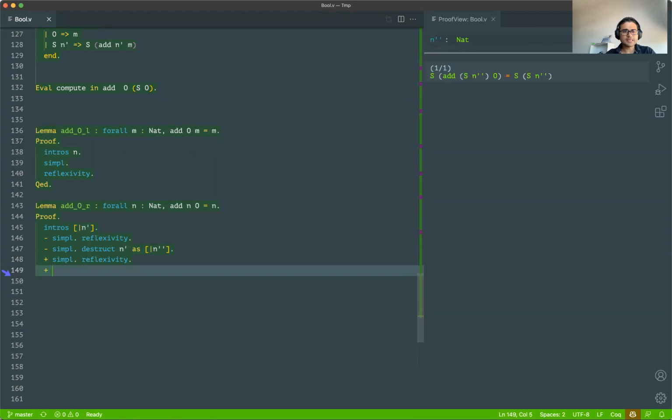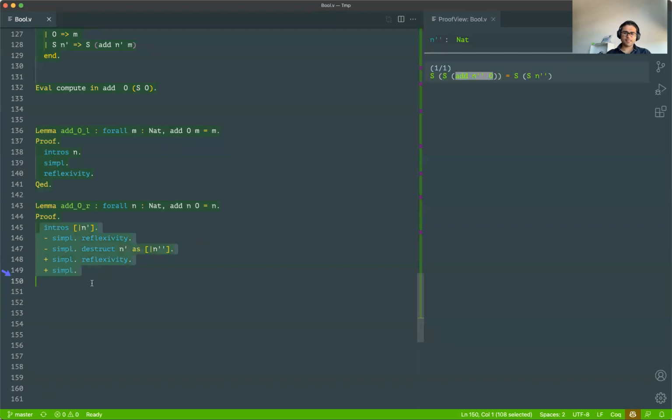But the other case, we are still at the same place. Now I have this thing, successors, but I have nothing in the assumptions. If you are in this situation, it's a good hint that you need to induct.